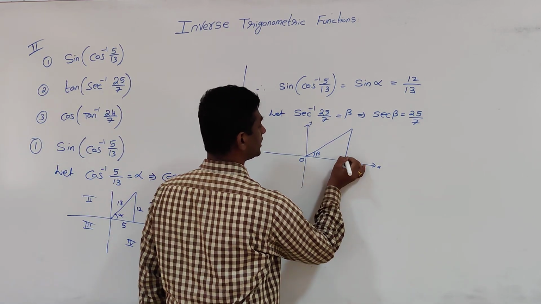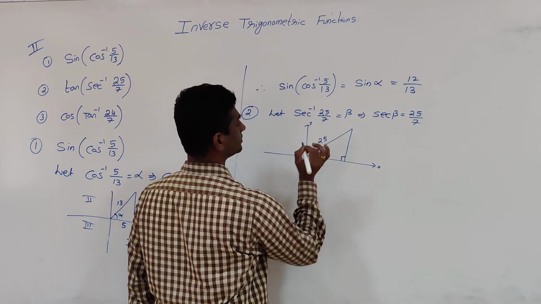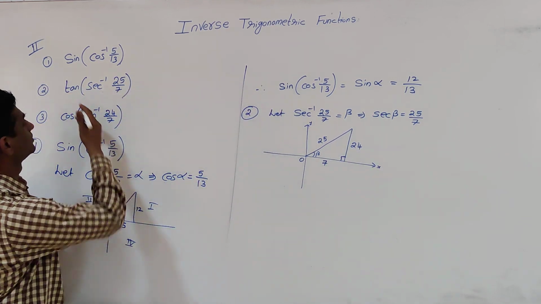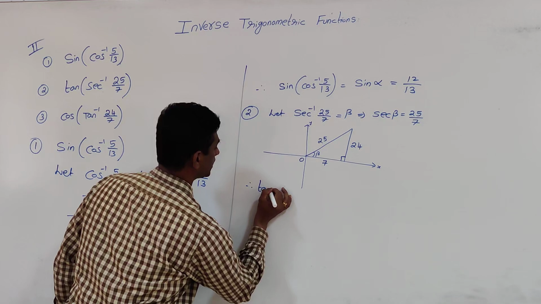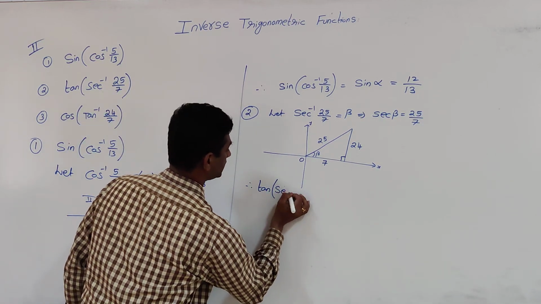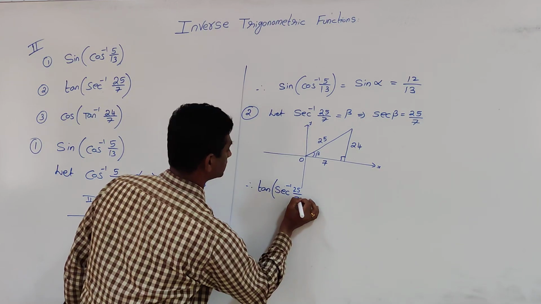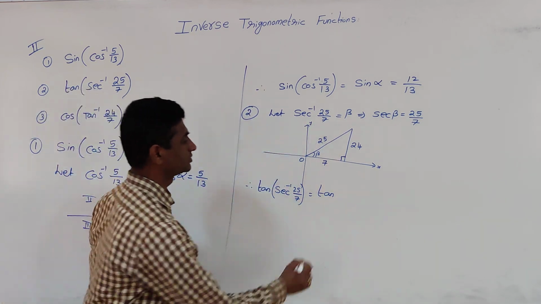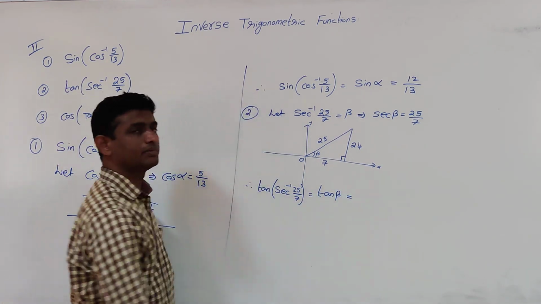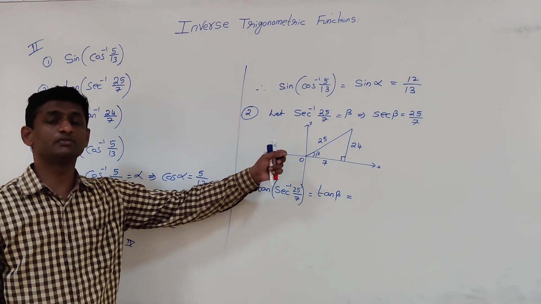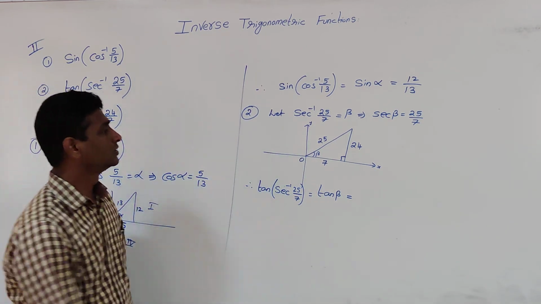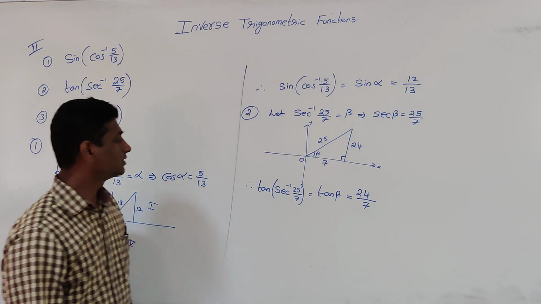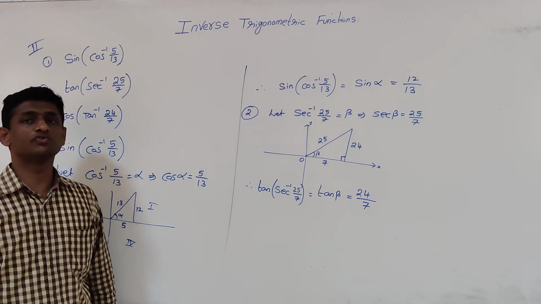So hypotenuse is 25, adjacent side is 7, and the opposite side is 24. Therefore tan of secant inverse of 25 by 7 is equal to tan beta. From the right angle triangle, tan beta is opposite side by adjacent side, so it is 24 by 7. So tan of secant inverse of 25 by 7 is 24 by 7.